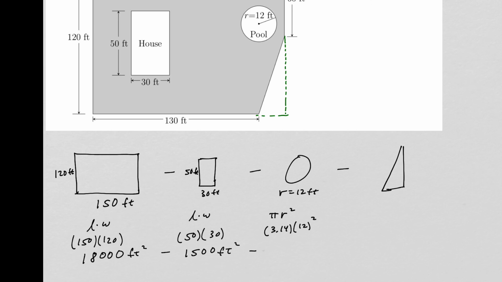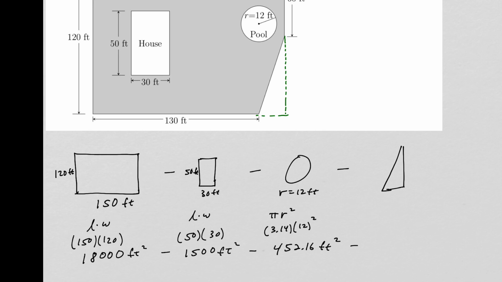So what is that? Let me just pull out my calculator and do this. So 3.14 times 12 squared. It looks like 452.16. This is feet squared.